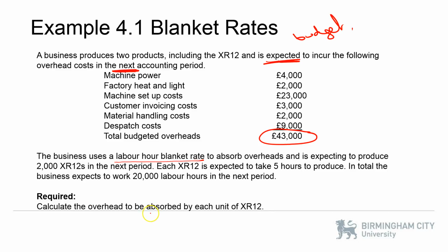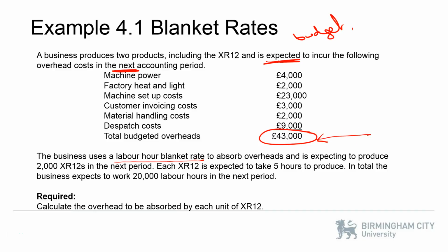So the first thing we need is an overhead absorption rate. You can't work out the overheads absorbed unless you have an overhead absorption rate. So if you think back to your formulae, to calculate your overhead absorption rate, it's your budgeted overheads divided by your budgeted activity level. So if we look at our overheads, because we're producing just one overhead absorption rate, we need the total budgeted overheads, which we know is £43,000.